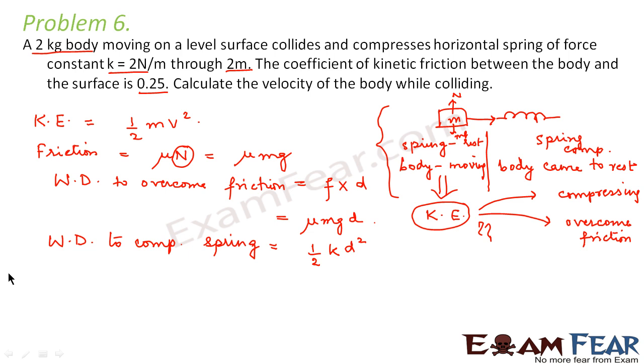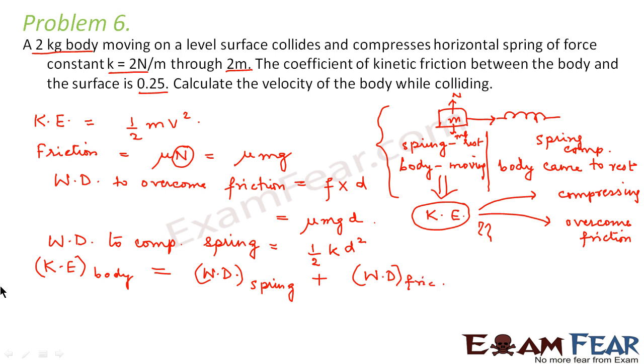Therefore, the kinetic energy of the body was used up partly to compress the spring, and partly to overcome friction. So we can say that half mv square is equal to half kd square plus mu mgd. So this is our equation.